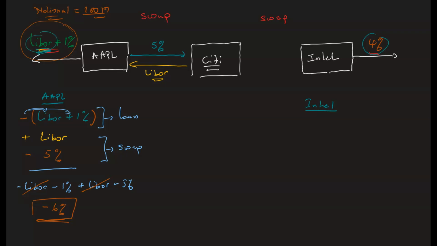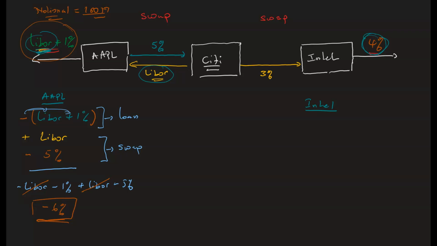Apple had a variable rate, but they needed a fixed rate, so they got a variable rate from the middleman. Intel this time has a fixed rate. They don't want a fixed rate, which means they're going to receive a fixed rate from the middleman. So we're going to put an arrow here to say that they will be receiving a fixed rate. And let's say that the fixed rate they are receiving from Citi is 3%.